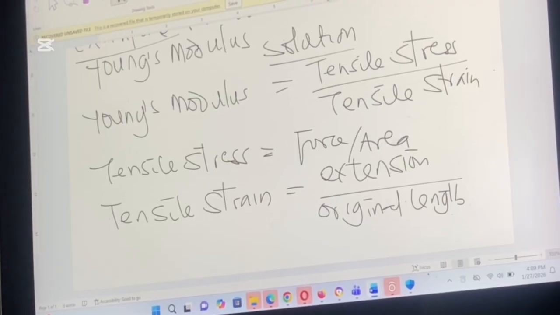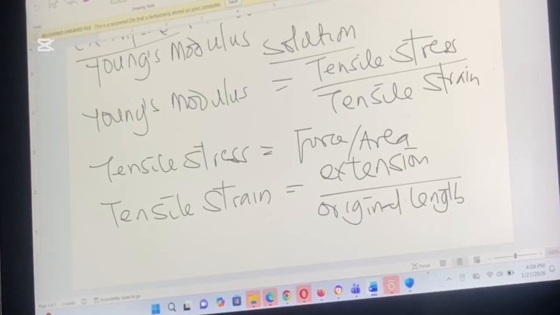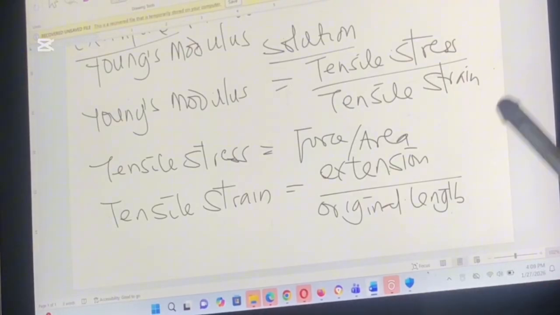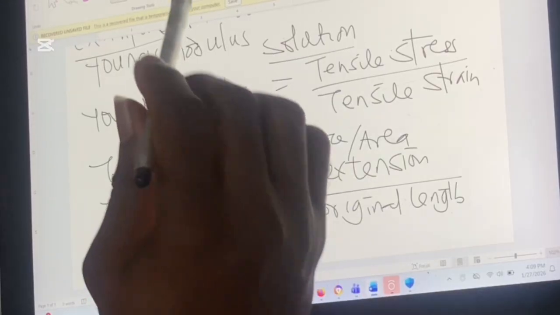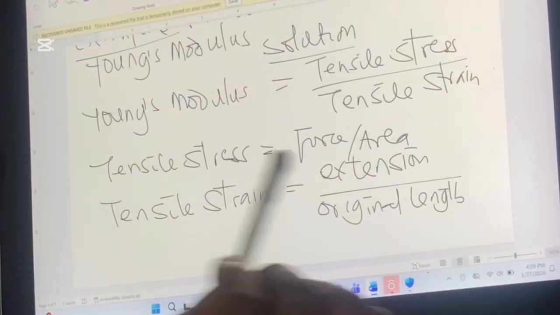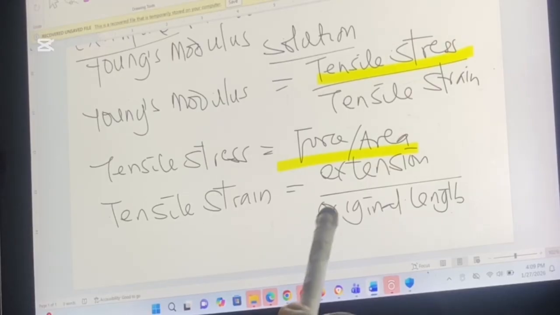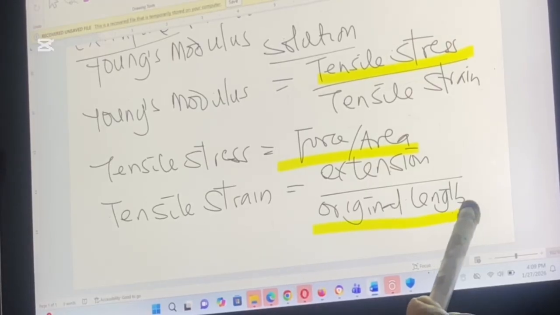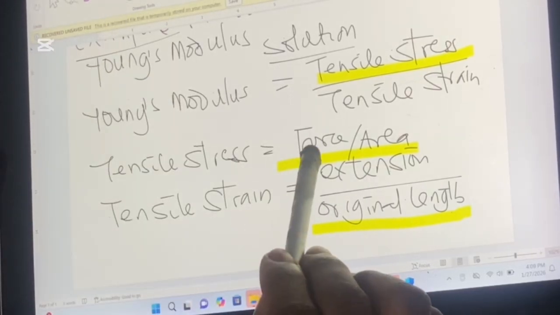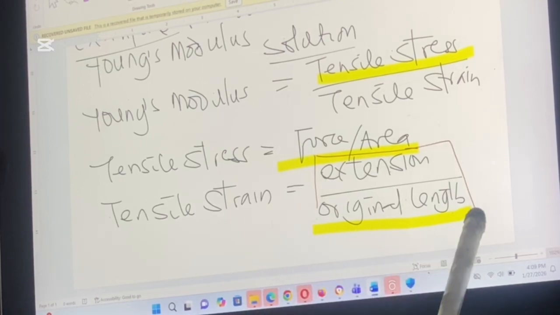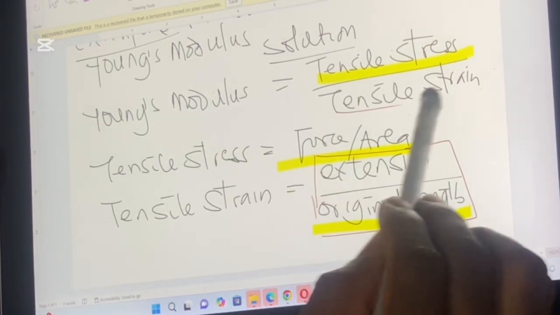The formula for tensile strain is extension over original length. Please take note. So we have to express this one by one. We have to replace this particular formula here and replace this guy here.